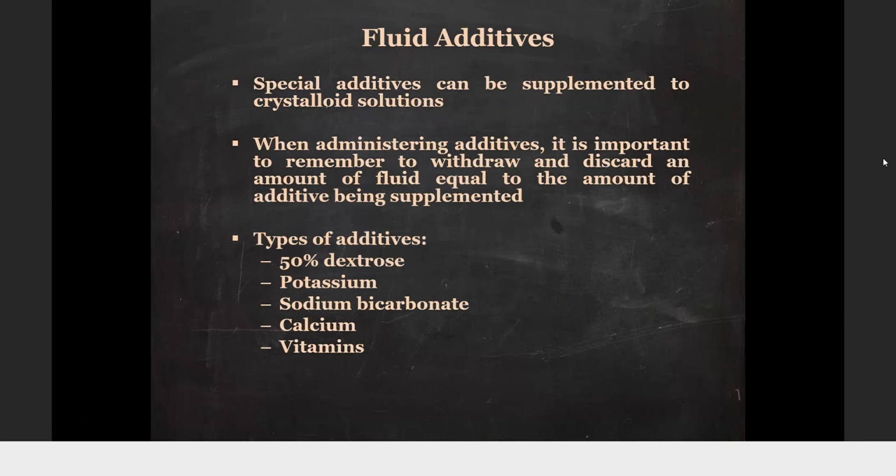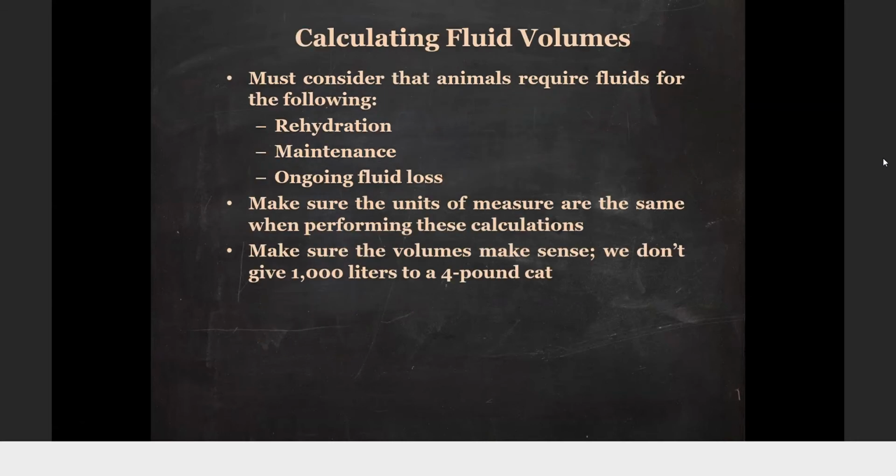You can give additives such as dextrose, potassium, calcium, vitamins. But normally we don't, depending on the case, because crystalloid and colloid can cover most of the decrease in electrolytes in the animal's body.